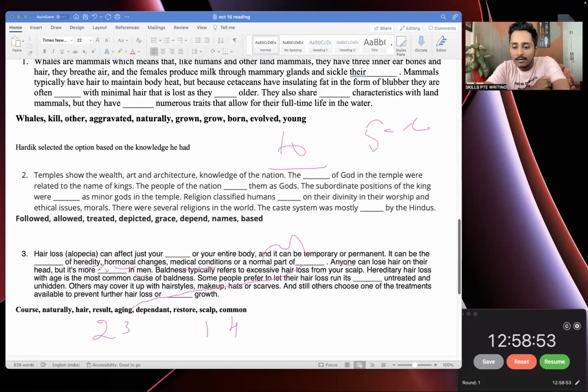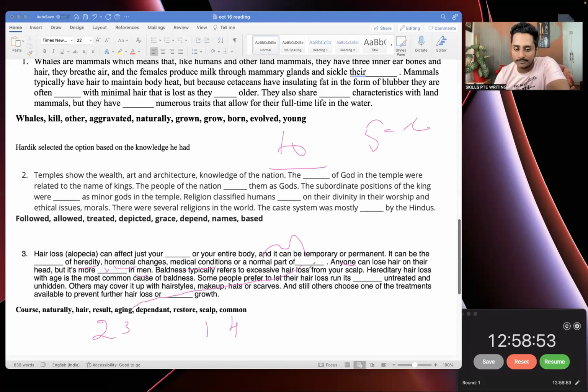Who all wrote a different answer for the fourth one, apart from the word common? Seems like everyone has got common. But it is more resultant. An adjective has to come.